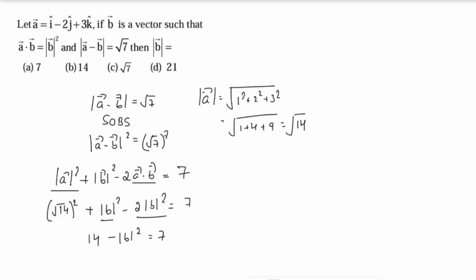If you solve further, we get magnitude of B square is equal to 14 minus 7, so magnitude of B square is equal to 7. So by doing all these calculations, we end up getting magnitude of B is equal to root 7. So option C is the right answer.